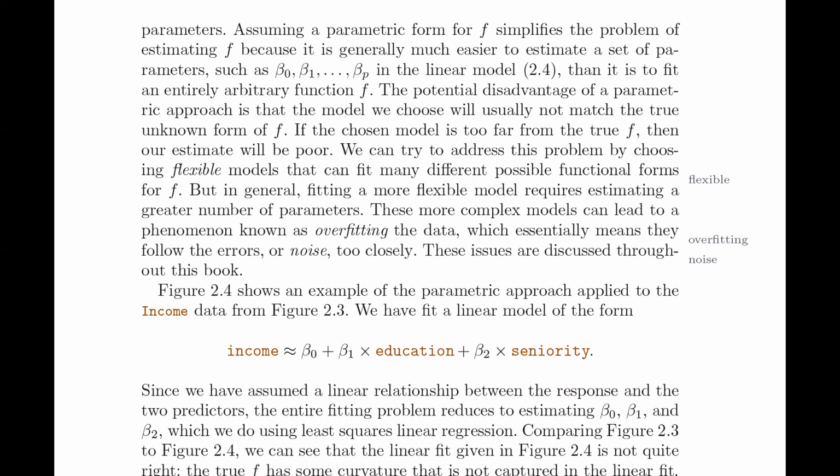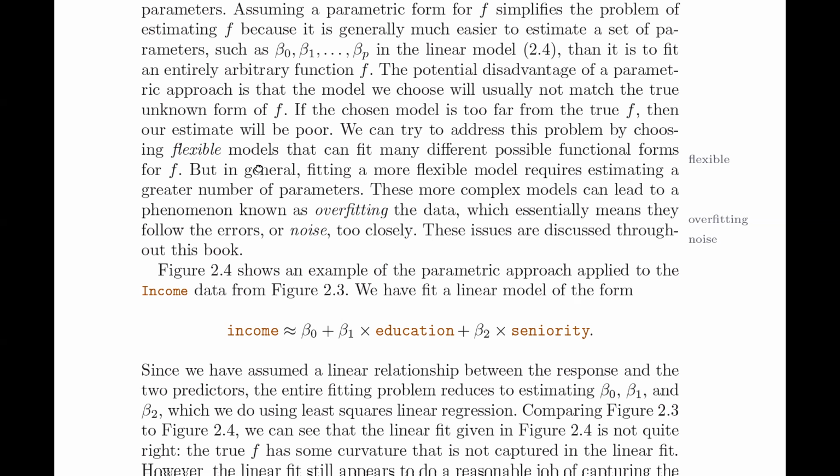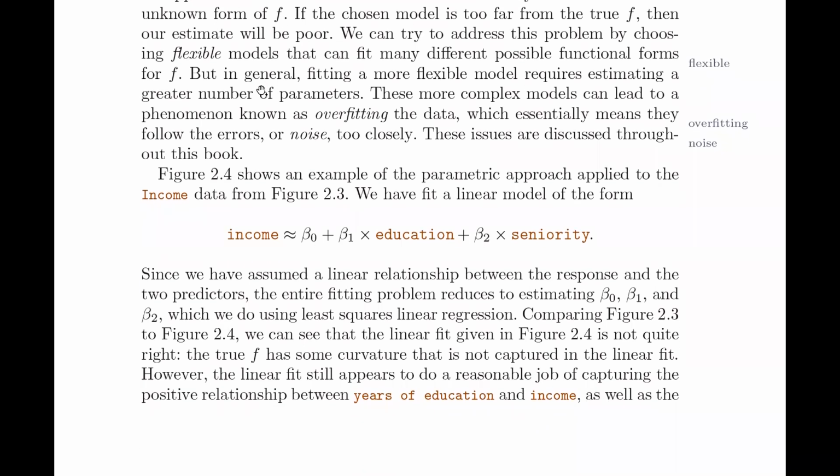Now, the potential disadvantage of a parametric approach is that the model we choose, so there's a choice over here, right? I'm choosing to model based on the assumption of linearity, will usually not match the true unknown form of f. If the chosen model is too far from the true f, then our estimate will be poor, and there are many ways of measuring how good one's estimate is.